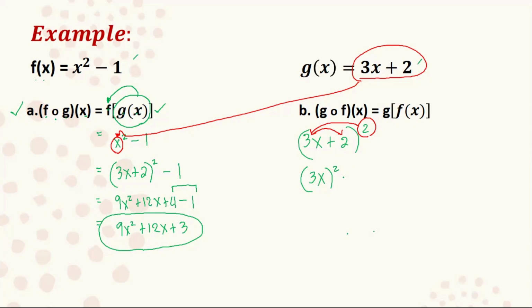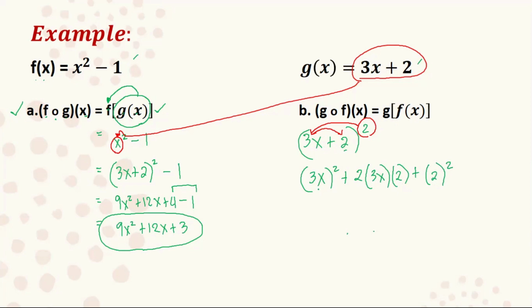So 2 times the first term times the second term. Then we copy the addition symbol. Then to get the last term, we square the second term of this binomial. So it's 2 raised to 2.